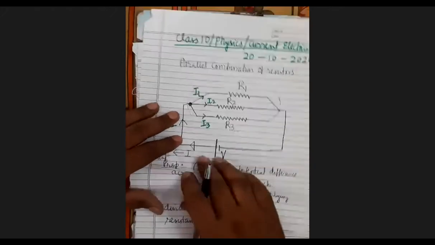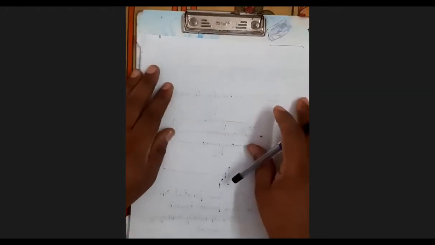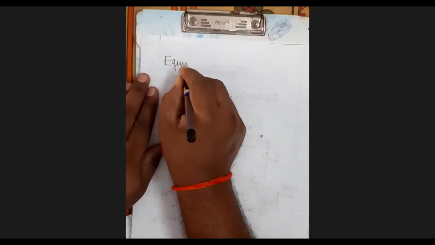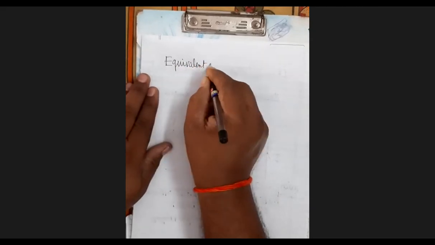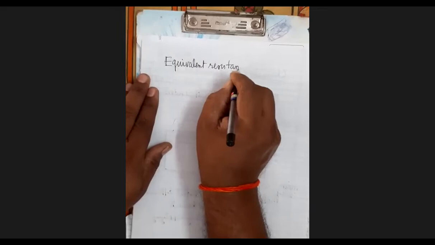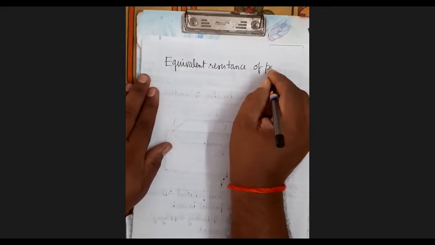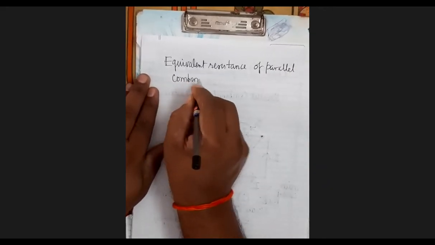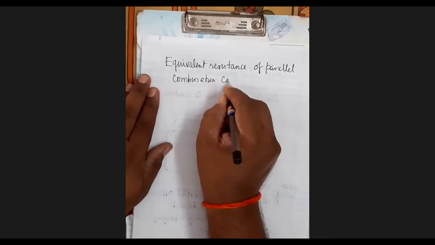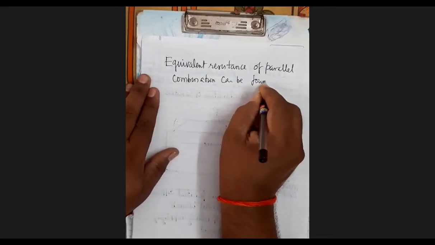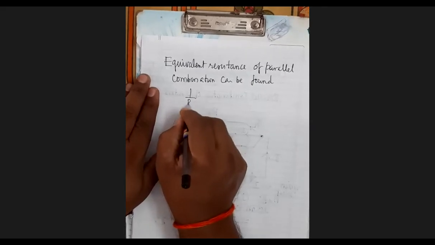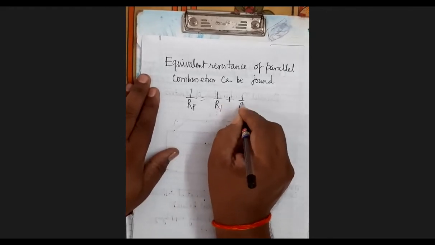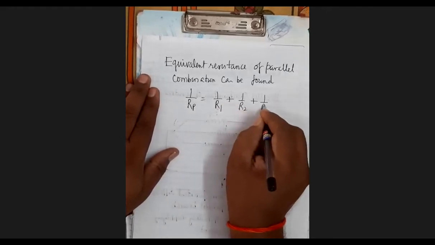So see here, what is the formula of equivalent resistance? The equivalent resistance of parallel combination can be found by this relation: 1 upon Rp equals 1 upon R1 plus 1 upon R2 plus 1 upon R3.